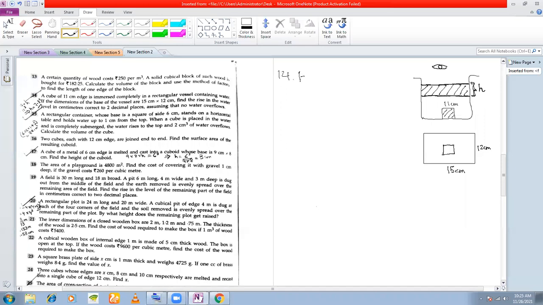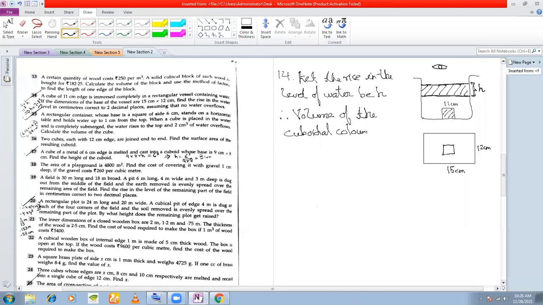And the height of this cuboid is the rise in the level of water. So let the rise in the level of water be h. Therefore, what is the volume of the cuboidal column of water, the shaded part?